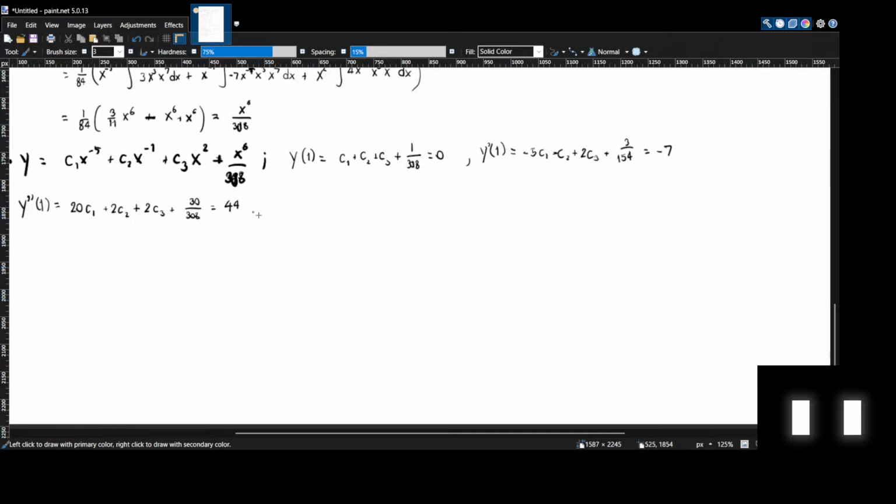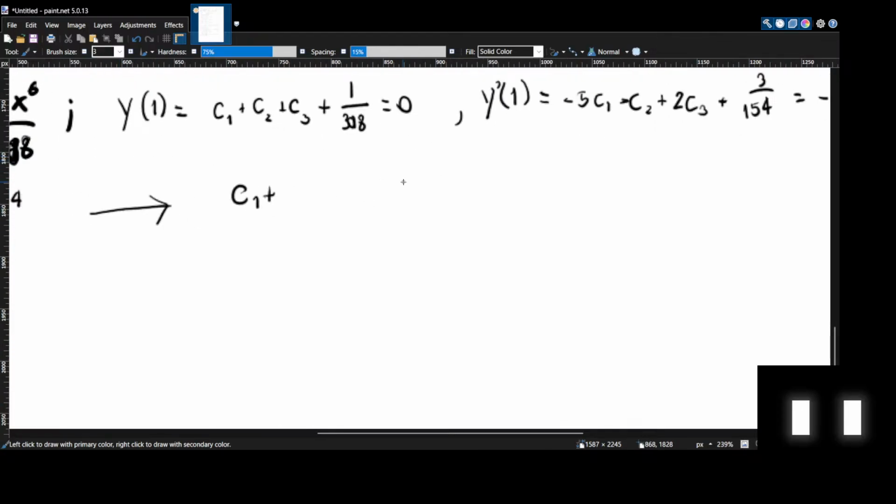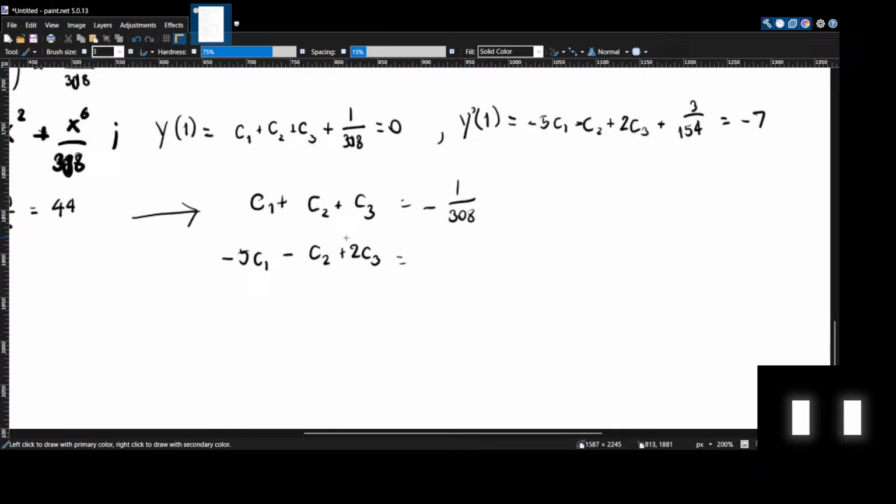I'll consider this done. Okay, wait, gonna zoom in. We're gonna end up with C1 plus C2 plus C3 equals -1 over 308. And then -5c1 minus c2 plus 2c3 equals -7 minus 3 over 154.